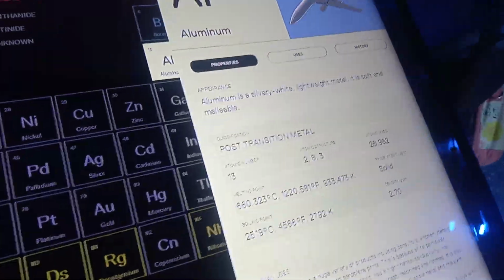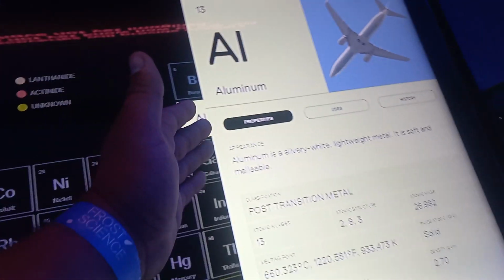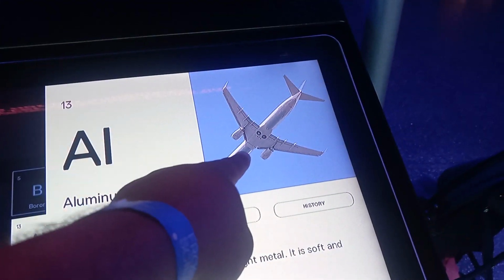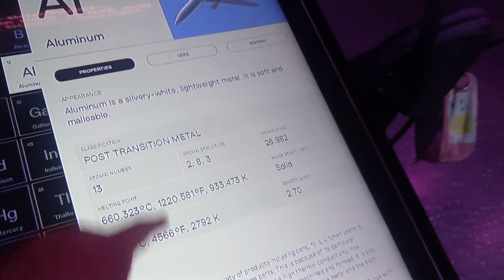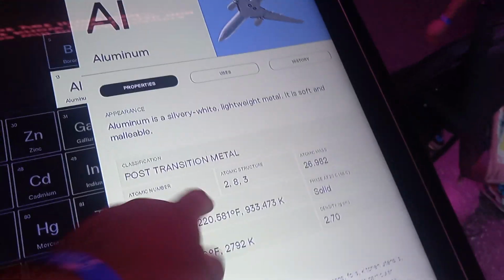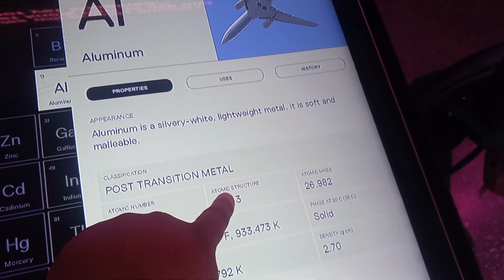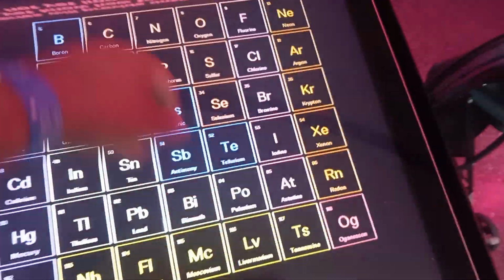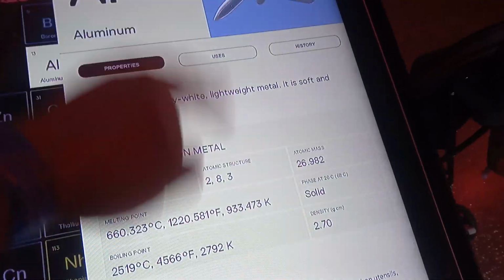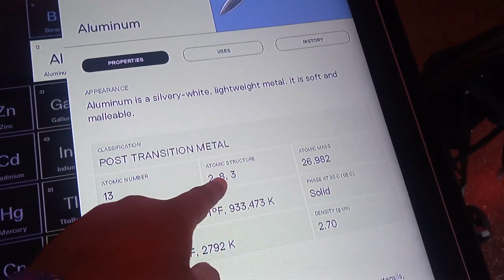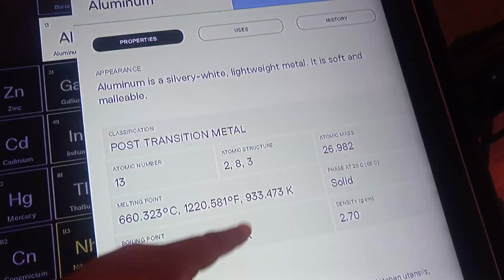Aluminum right there. Aluminum, a post-transition metal, and noble gases. And there's a picture of a 737. It's an NG, actually, and it looks like it's from United. Anyway, so topic number 13, innermost shell is 2 always. The second one, you always fill it. So innermost shell is always 2, the second is 8, and then whatever's left over is 3.